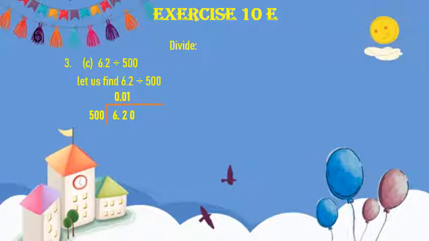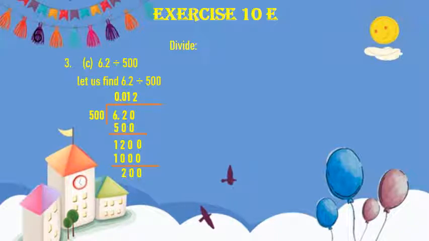So 500 ones are 500. So we will put 1 in the quotient and then 500 subtracted from 620 gives 120. Now we will add 0 and we will divide 1200 by 500. So 500 twos are 1000. So in the quotient we will write 2 and 1000 subtracted from 1200. What will be the remainder?